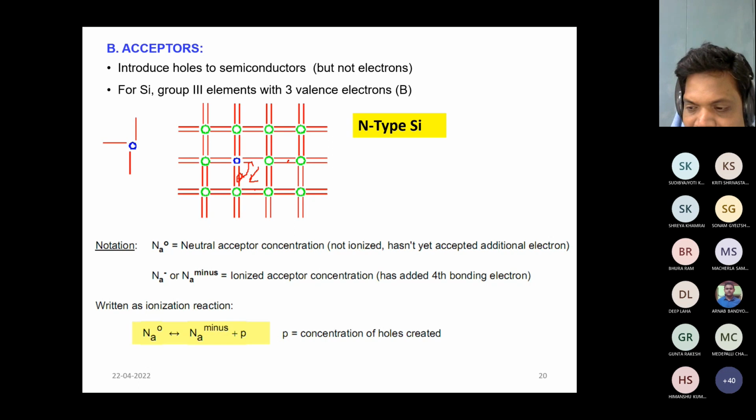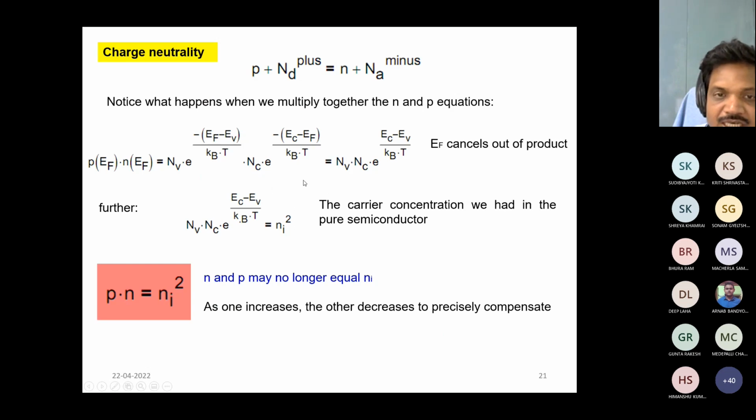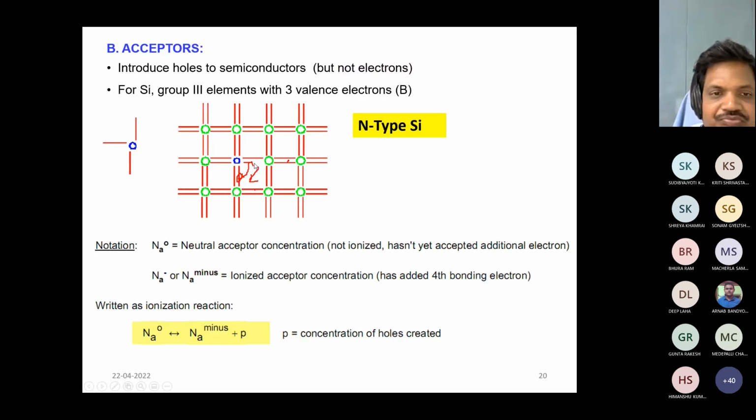what will happen? What will happen? Similar to this, there will be a shortage of one electron, right? And due to that shortage of electrons, there will be a tendency to accept an electron. So that's why it is known as acceptor type atom doping, and these are called acceptors.